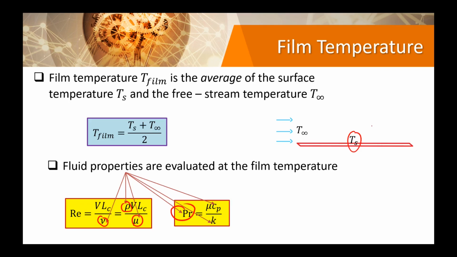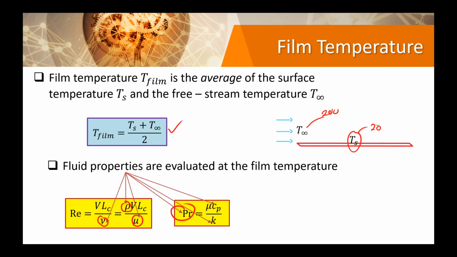If the surface temperature is 20 and the free stream temperature is 200, the values of those properties at those two temperatures are very different. So you're not going to take the surface temperature in the lookup table, neither would you take the free stream temperature. What you must do is take the average of both and then look up the properties based on that temperature.